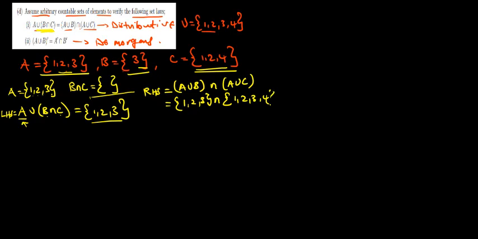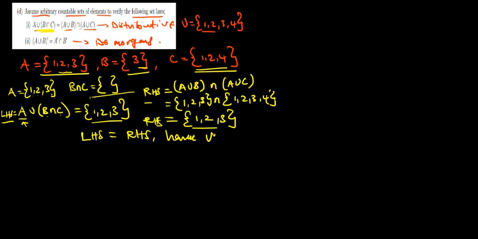Now we get the intersection of these two sets, which is 1, 2, 3. What can we see? What we had on the left hand side is the same as what we have on the right hand side. Since left hand side equals right hand side, hence verified. So we verified the first one.